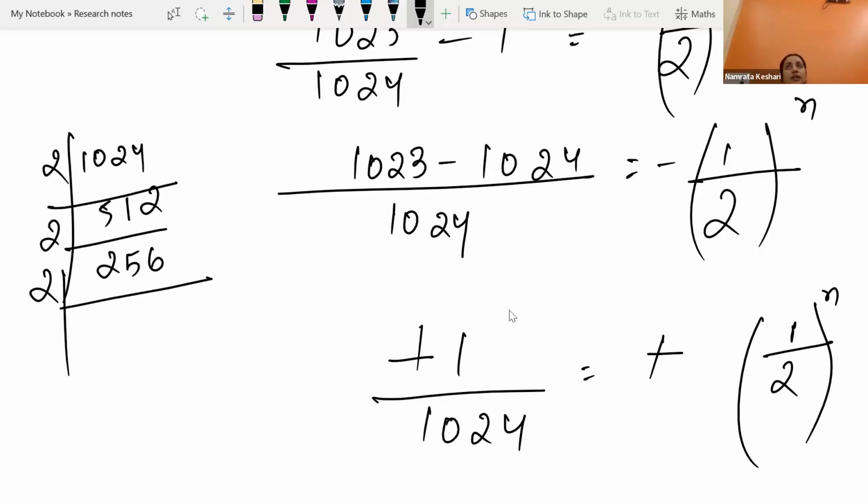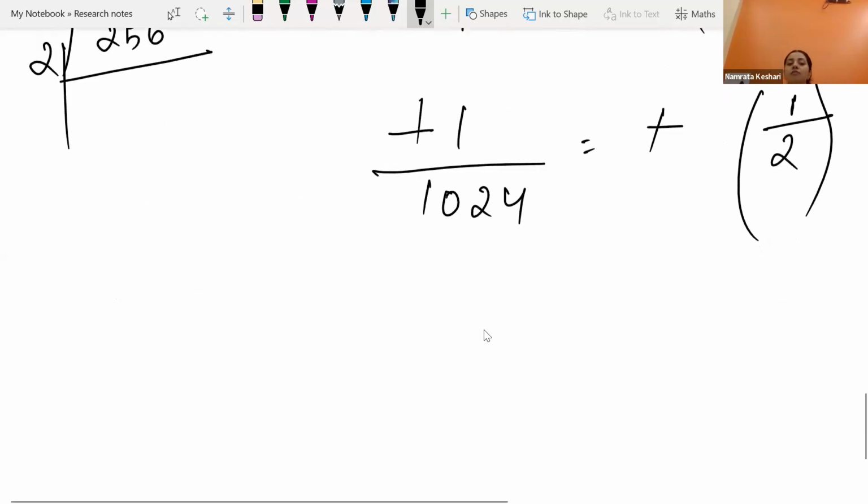From there directly you will get the idea. 512 means 8 into 8 into 8. So from here we get 2 to the power 3, from here 2 to the power 3, from here 2 to the power 3. So you can get the idea that 3, 3, 6, 7, 8, 9 and one more 2, that means 2 to the power 10.